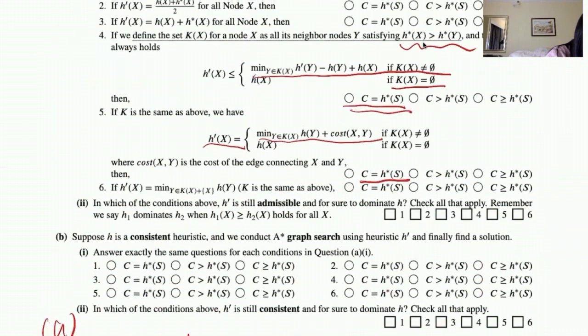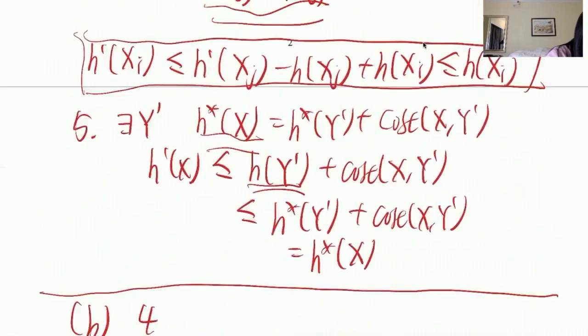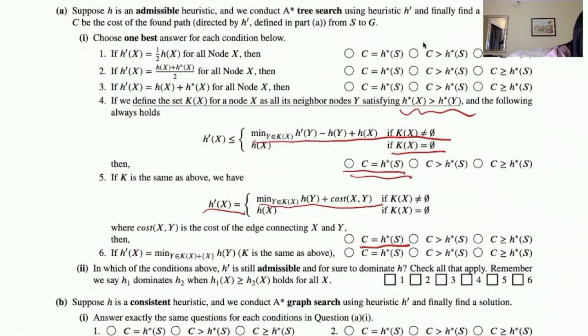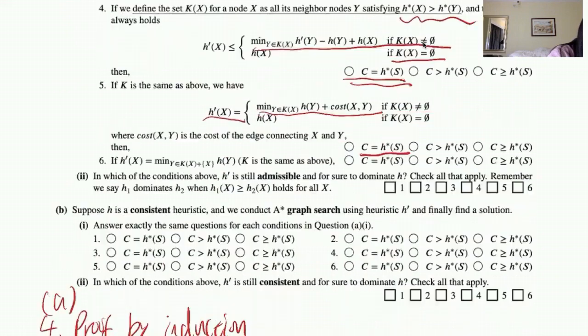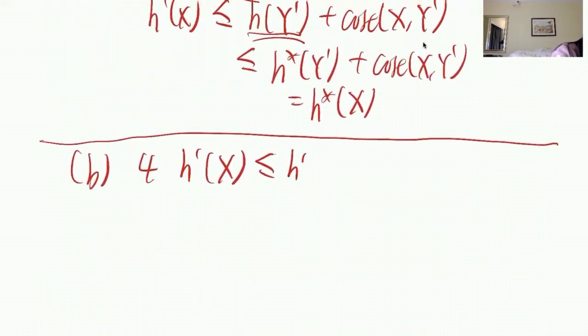In part 4, we focus on the case when K is not empty, because when K is empty, the proof is pretty straightforward. H prime X is not greater than H prime Y minus HY plus HX.